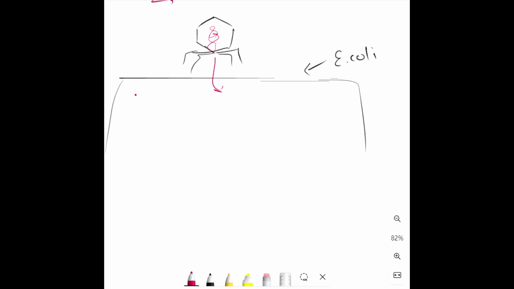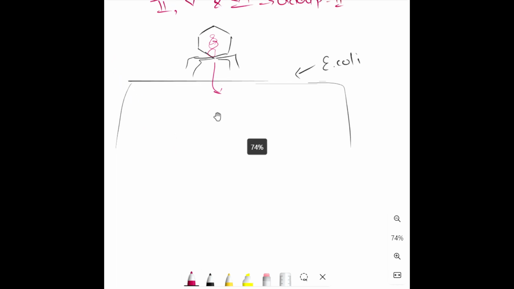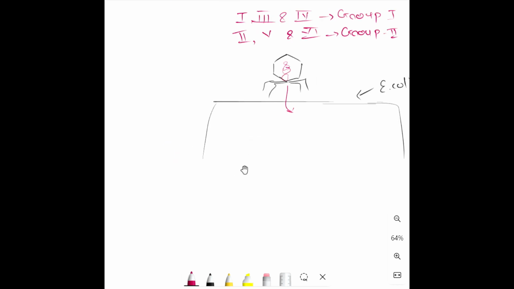So in the first stage, if I could just zoom this out, the first stage, that is adaptation. So this would be our AT-rich leader sequence.